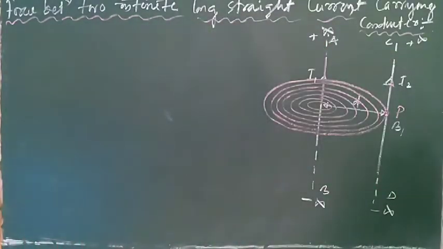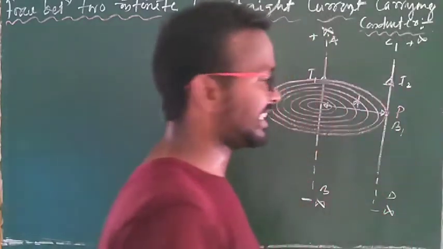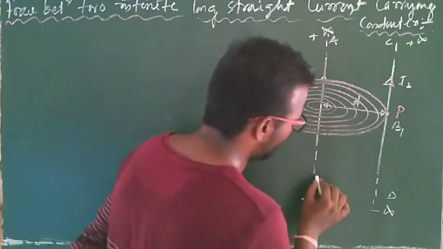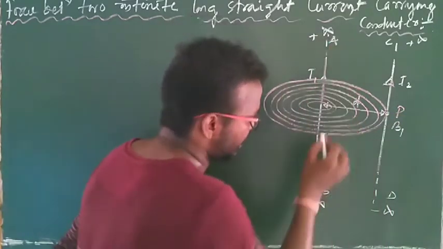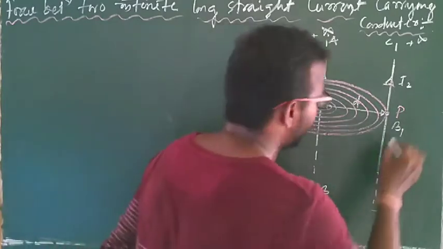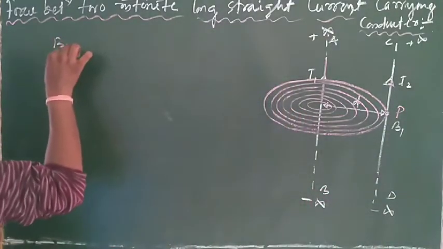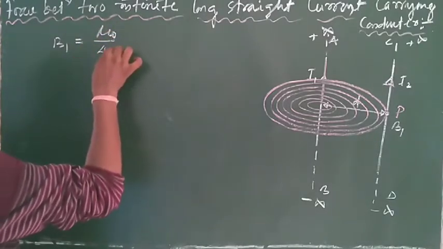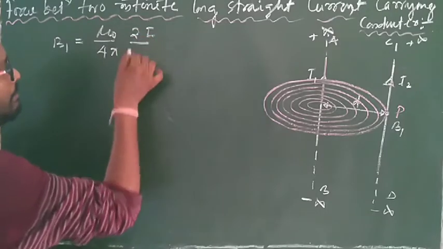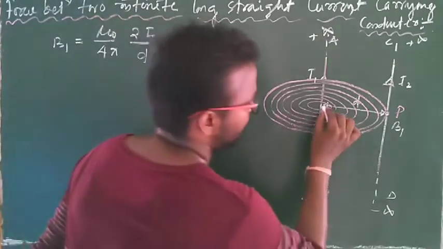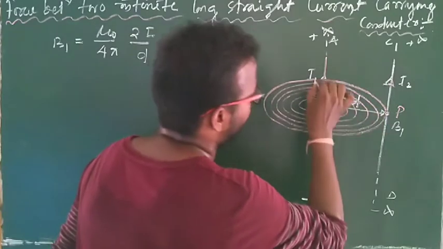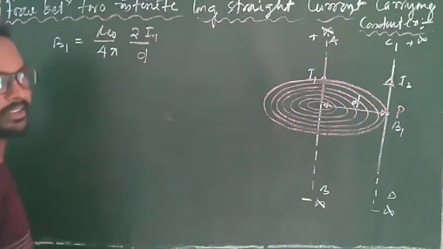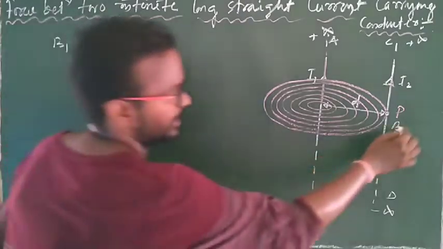B1 is the total magnetic field strength at point P due to the infinitely long straight conductor AB. B1 equals mu naught by 4 pi times 2I by d, because this separation is d, and the current flowing through conductor AB is I1, so we can write I1. So this is B1 at point P.